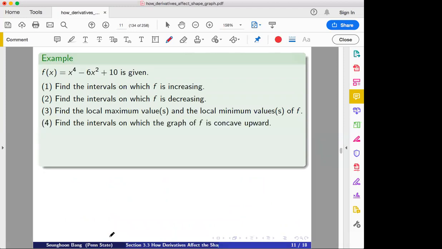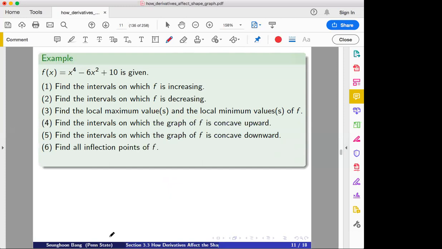Next, find the intervals on which the graph of f is concave upward, then concave downward. The sixth, find all inflection points of f. The last, sketch the graph of f. This is the whole problem.